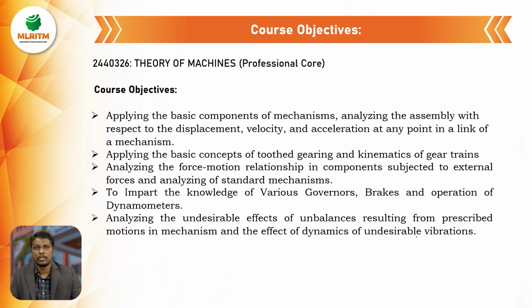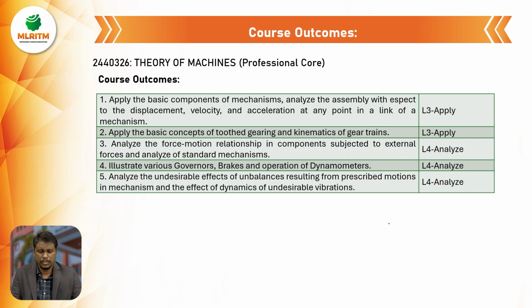Coming to the course outcomes of this subject, the first one is applying the basic components of mechanism, analyzing the assembly with respect to displacement, velocity and acceleration at any point of a link of a mechanism. That comes under BL level 3. The second course outcome is applying the basic concept of tooth gearing and kinematics of gear trains.